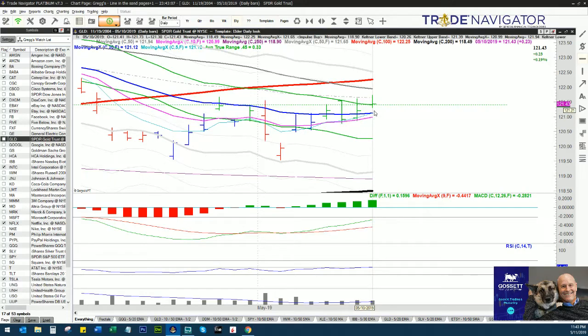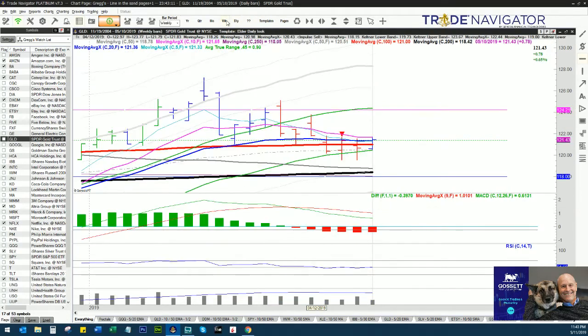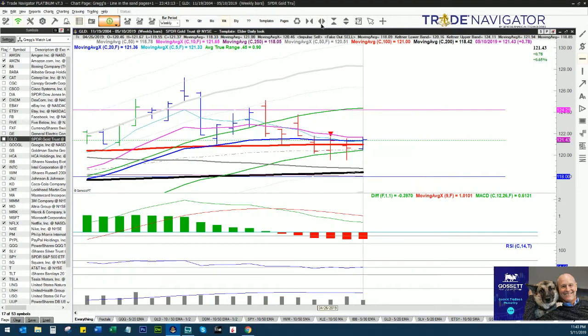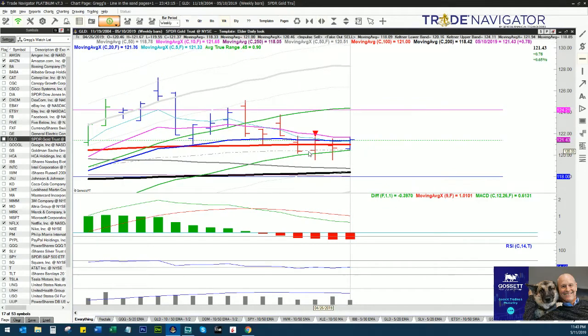But I also took a look at the weekly chart to see if there was anything going on here. And there is. You can see for the last 3 weeks, we have gone and tested below the 10-week moving average. And then on Friday, finally, it was able to close back above the 10-week.